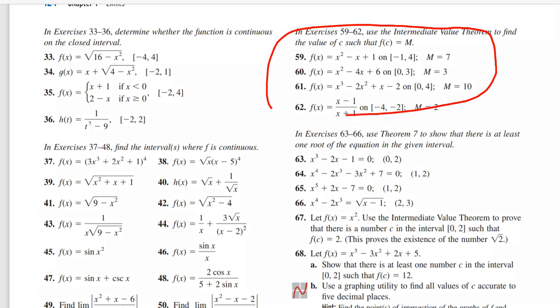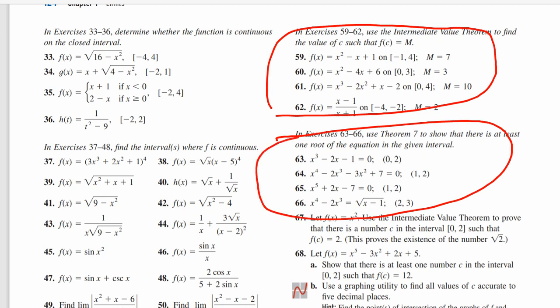I am over here now. There is at least one root. Okay, let's do maybe one of each of these. How's that? Now the difference being, in this one, it says use the intermediate value theorem to find the value of c such that f at c equals m. So they give us an m. No biggie. We can do that very easily.